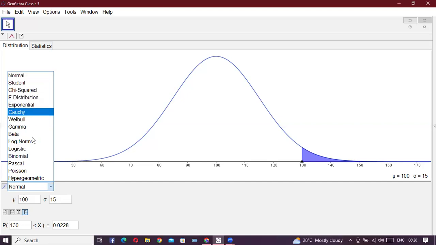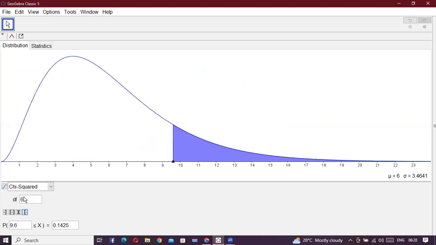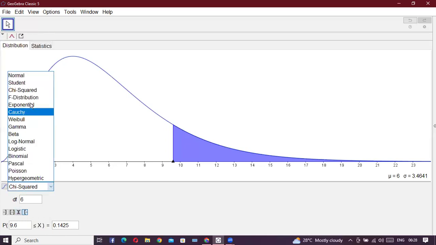You click any of them, GeoGebra shows the parameters needed, and you input them to calculate your probability. But today our focus is just on the normal and binomial distributions.